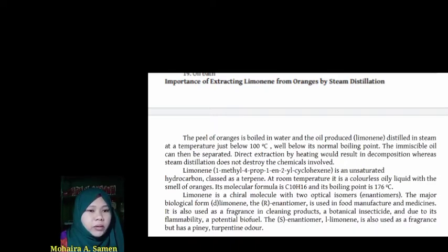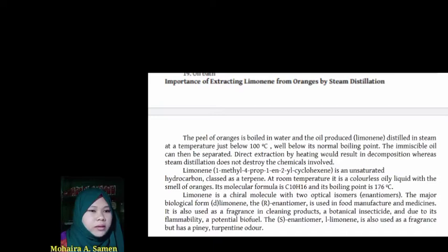Well below its normal boiling point. The immiscible oil can then be separated. Direct extraction by heating would result in decomposition, whereas steam distillation does not destroy the chemicals involved.